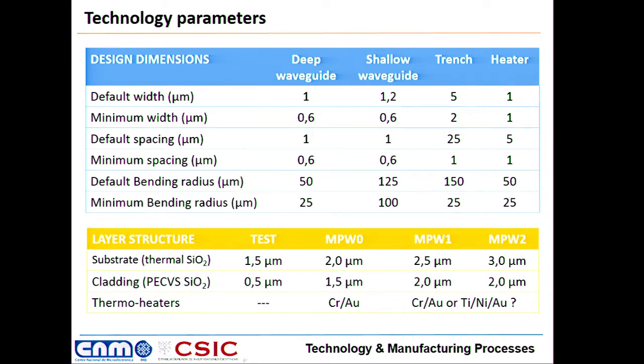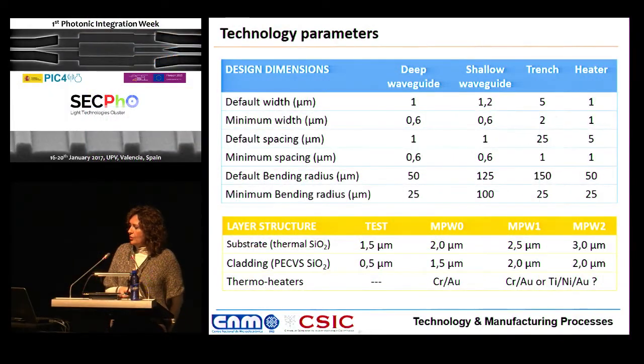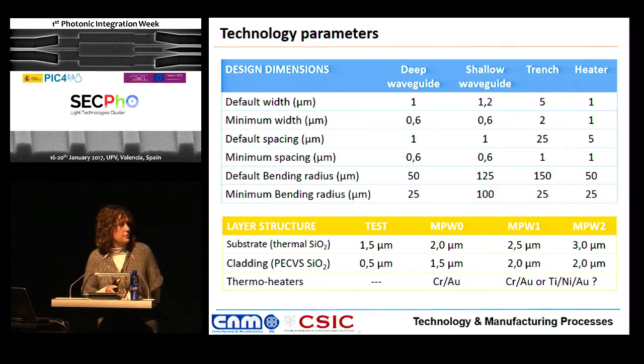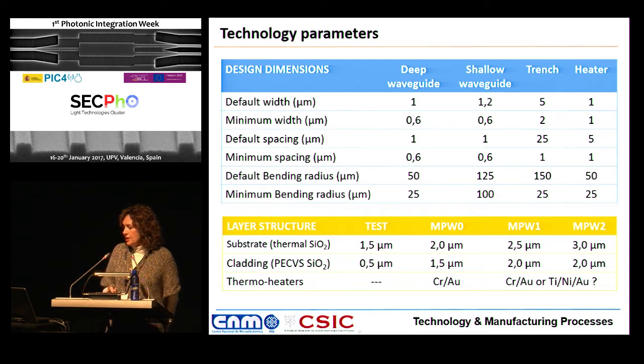And regarding the layer structure, it has been changing in the different multi-project wafers that we have done. We start, for example, with the substrate, the thermal silicon oxide, with 1.5 micron, and our target is 3 micron. Until now, we work with 2.5, which is the biggest one we fabricated. For the cladding, we started with 0.5 micron, and now we get to 2 microns of cladding oxide.